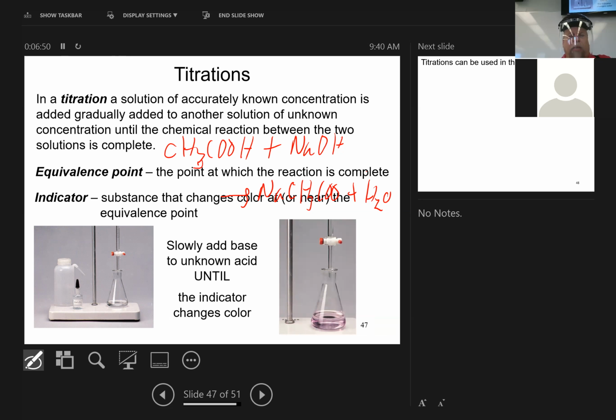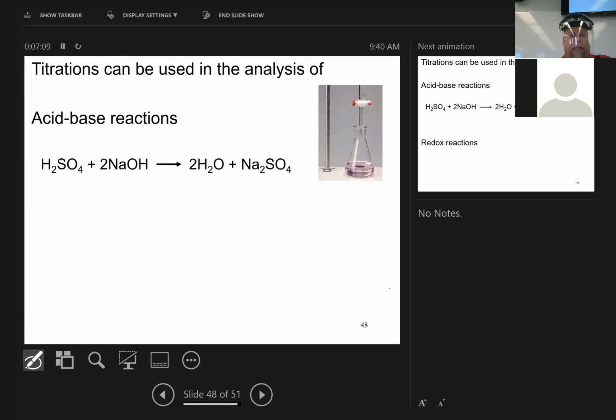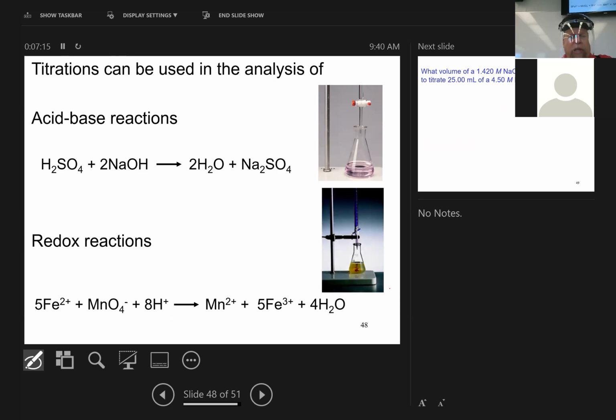And this is essentially what you're doing, where you have the vinegar and the water, and it forms the pink. So essentially you have it like that, okay? Titrations can be used for analysis of acid-base reactions like this, and then you have the other things related to each of those. Redox reactions are also titration reactions, based on the color change.